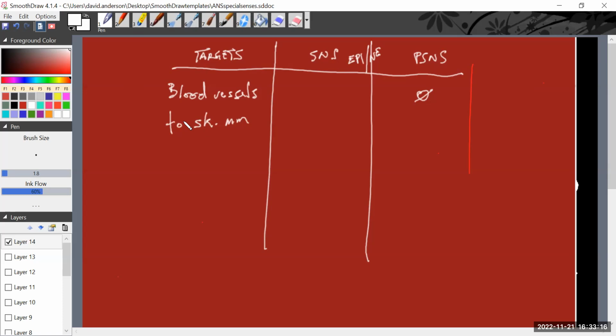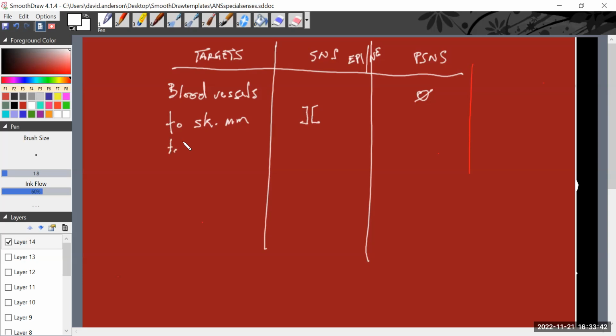So for example, I've got blood vessels that go to skeletal muscle. During fight or flight, do you think we want to dilate those blood vessels or constrict? Dilate. Yep, dilate. Because if we dilate, we'll have more flow to those muscles, right? And what about to the heart?